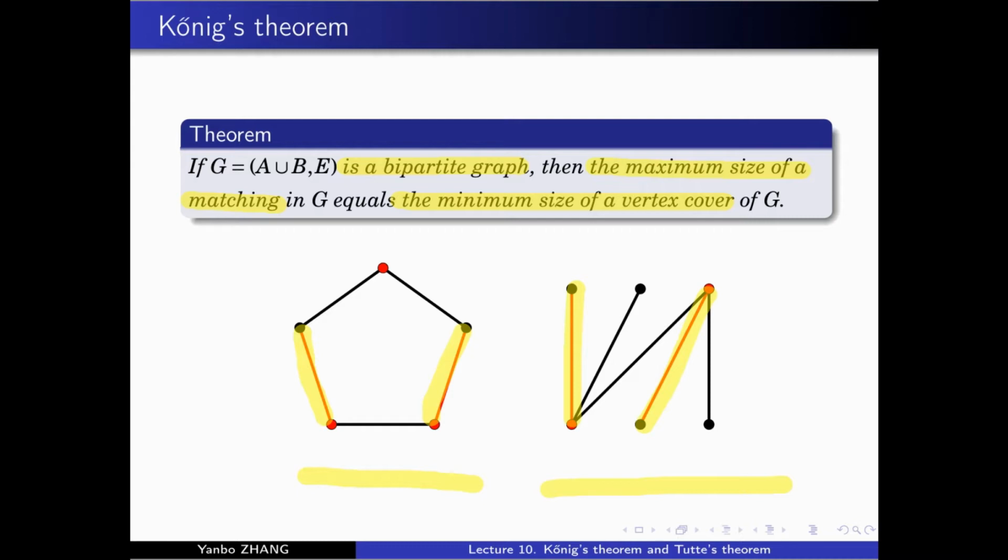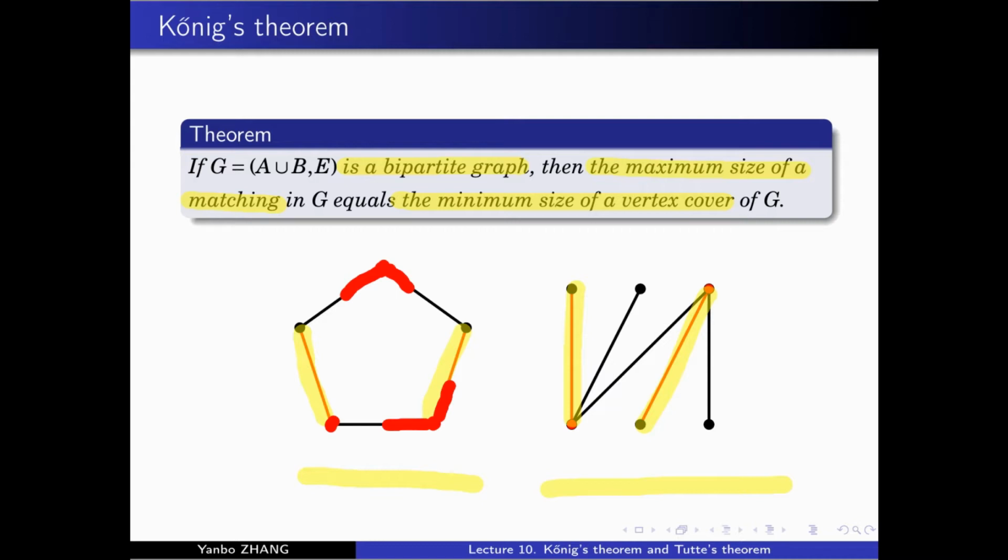On the other hand, a minimum cover of C5 has 3 vertices. 1, 2, 3. We need at least 3 vertices to cover all the edges, because each vertex can cover 2 edges. And C5 contains 5 edges, so we need at least 3 vertices to cover C5.